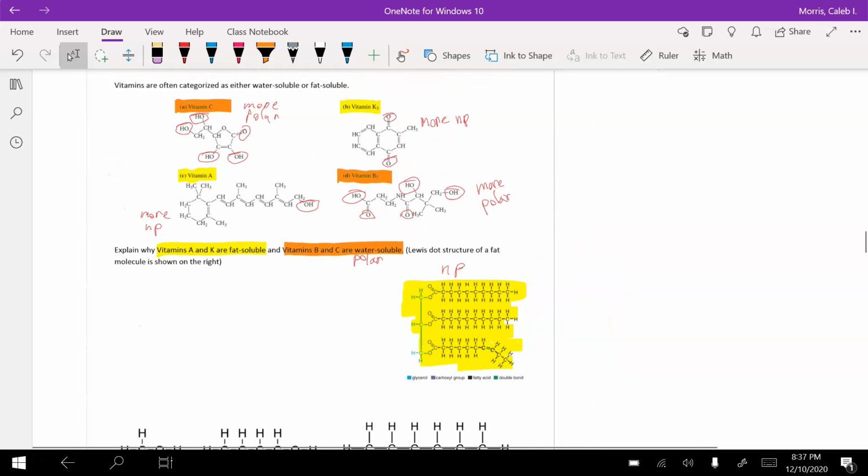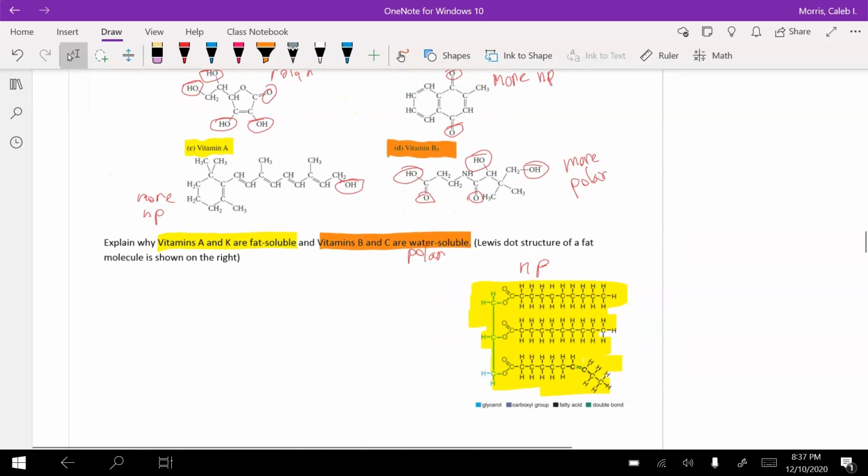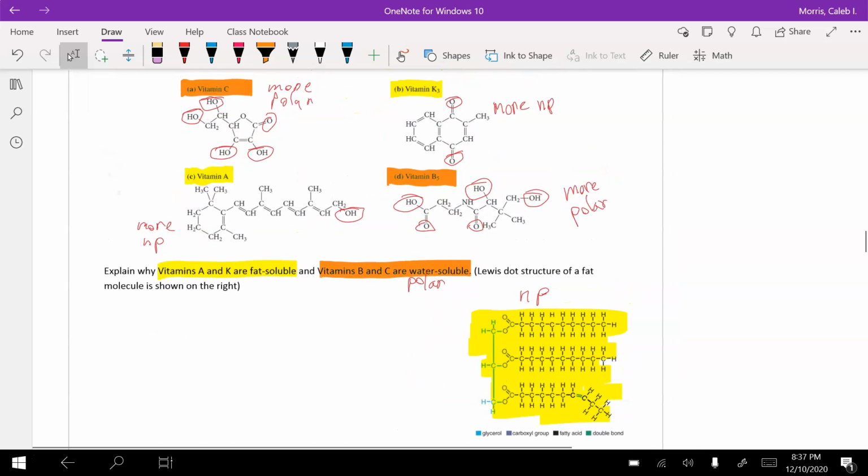So if we wanted to give an explanation for this, really, it's just that a more polar molecule, like vitamin C and vitamin B, are going to have a stronger interaction with a water molecule because of the dipole-dipole forces, and also because these are OH bonds, we've also got some hydrogen bonding taking place.